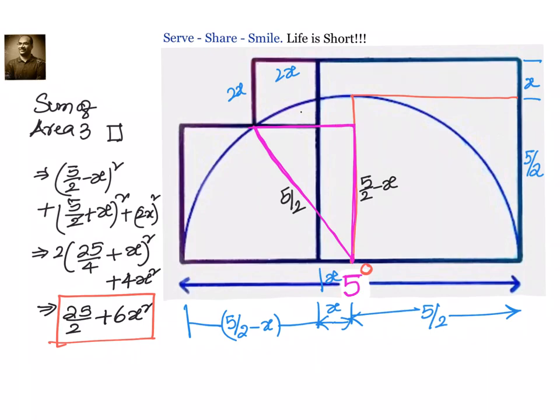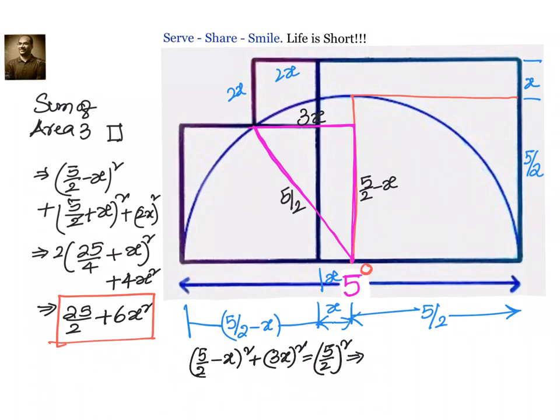So that is 3x here. Now let us use the Pythagoras theorem. We are done with this problem. Let's write down (5 by 2 minus x) whole square plus (3x) whole square is equal to (5 by 2) whole square.